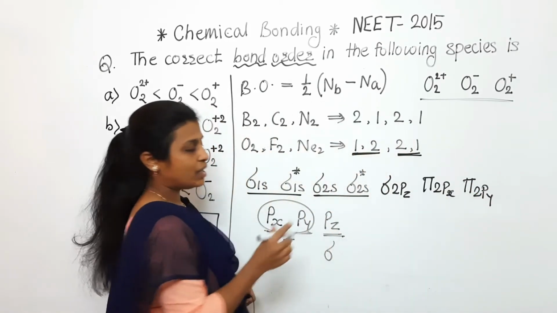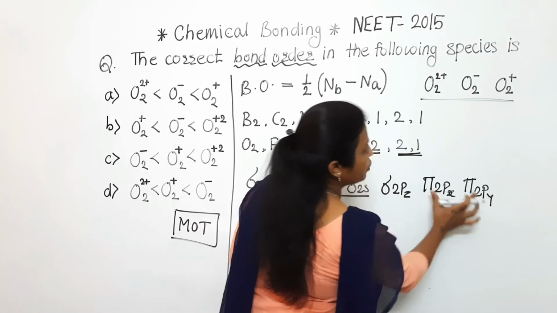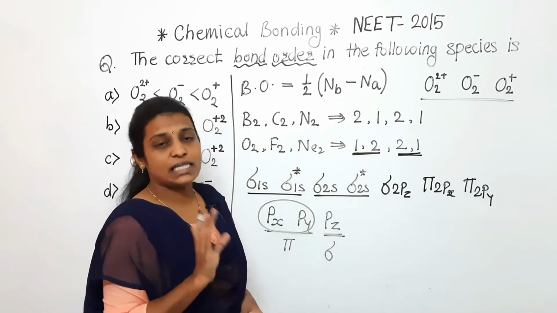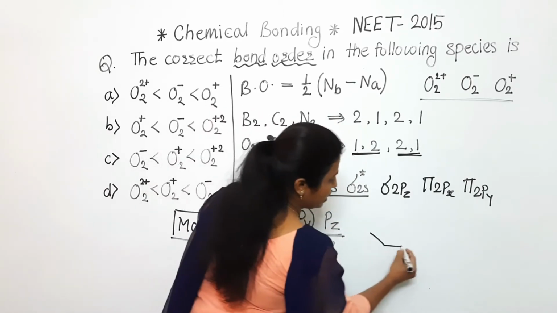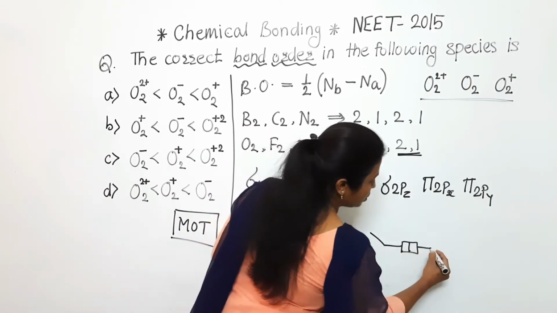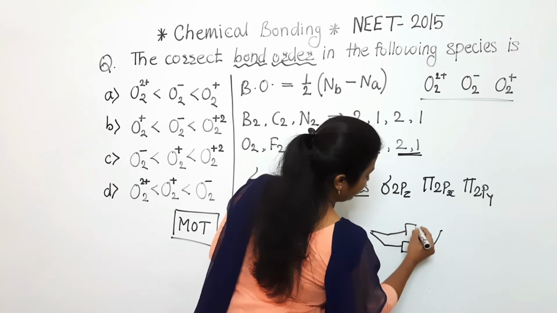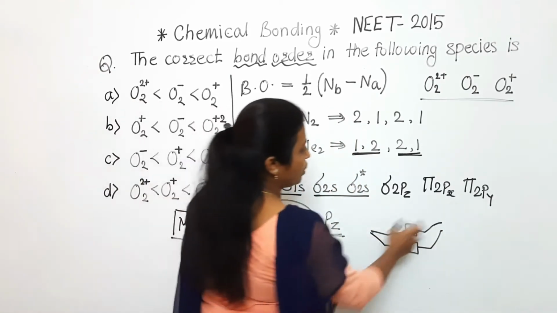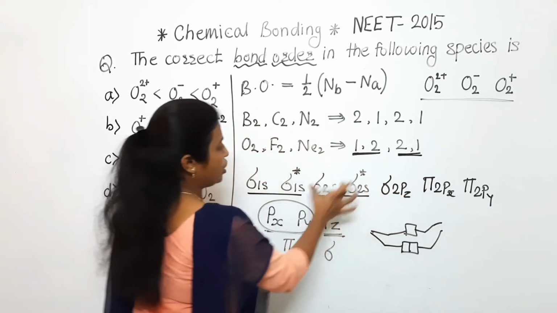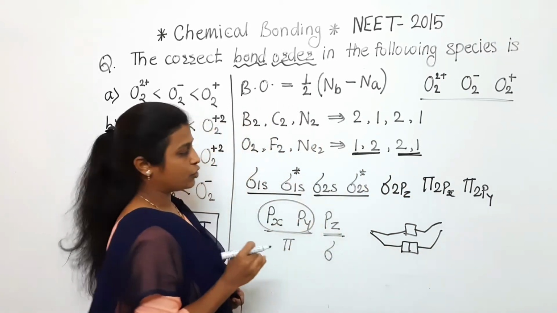One thing is that if we consider pi 2px and pi 2py, both have the same energy. Clear to everyone? So if you observe the diagram, at that time we draw the two boxes together, and after that we draw the one box, like that the diagram is there. So in this way, this is the way to write the electronic configuration.